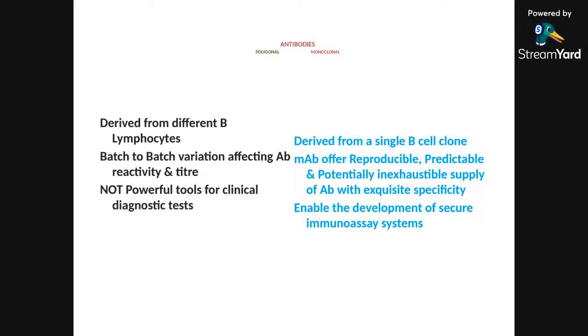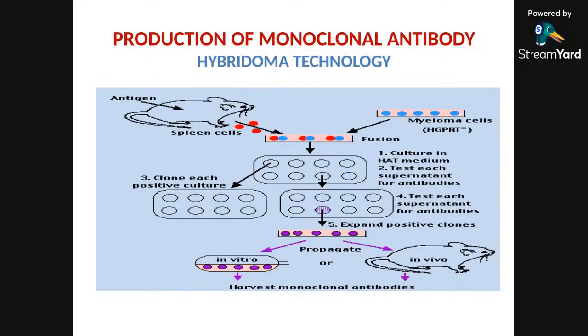A monoclonal antibody is derived from a single B cell clone, offering a reproducible, predictable and potentially inexhaustible supply of antibody with exquisite specificity. So it is easy to diagnose at the clinical level, enabling the development of immunoassay systems.